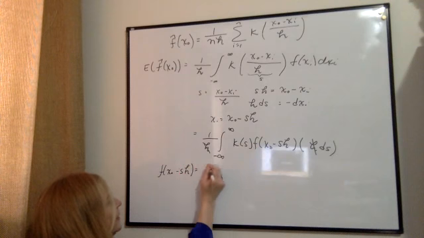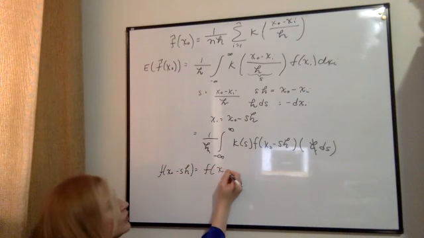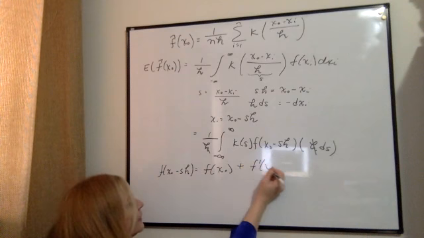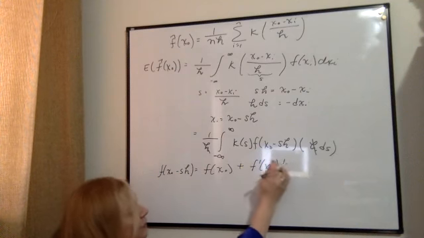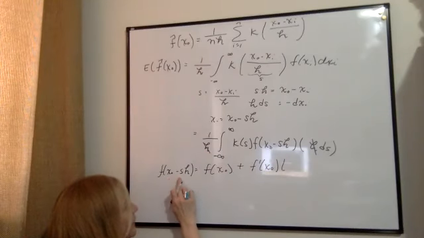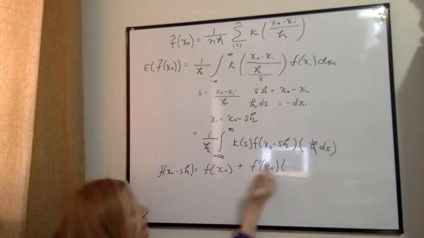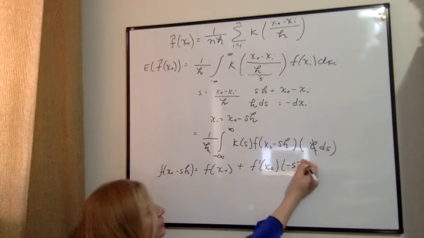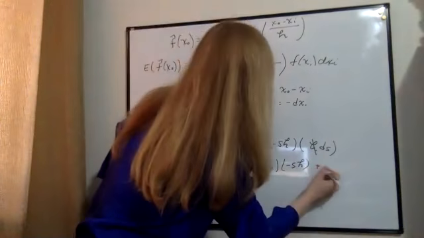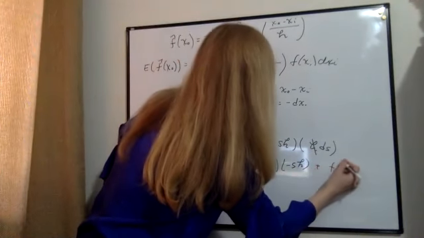I'm going to expand it, but I did more terms. So f prime of x naught. So this is the difference between x naught minus sh and x naught. So this is minus sh. Okay, so I expanded it out, actually, R terms.